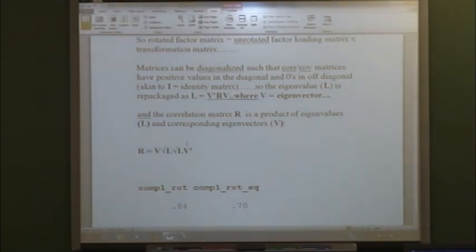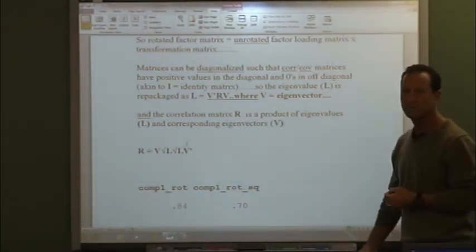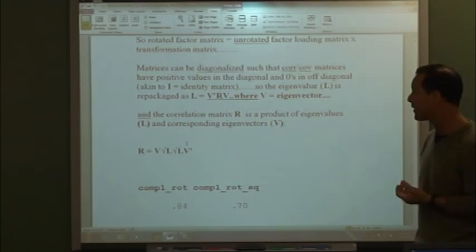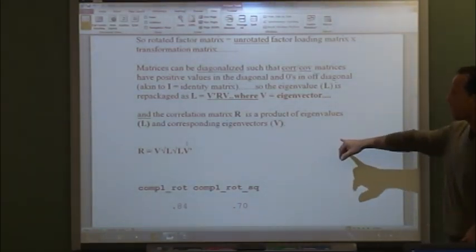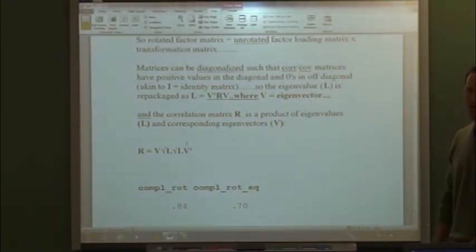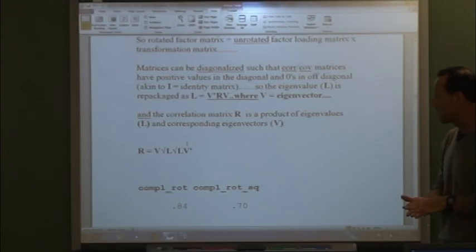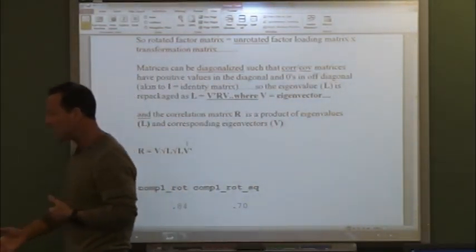That's the matrix of the correlations. So the eigenvector times the correlation matrix times the eigenvector is the eigenvalue. And that helps us break down the variance accounted for. And the correlation matrix is a product of eigenvalues and a corresponding eigenvector. You have an eigenvalue and a vector that goes with it. That also can be used as an aid for rotation.